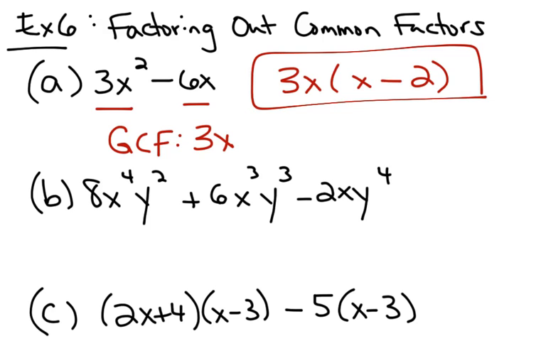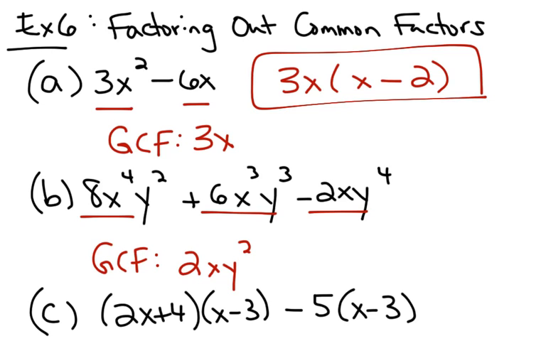In B, there are 3 terms. So the greatest common factor, 8, 6, and 2 are all divisible by 2. X to the 4th, x cubed, x are all divisible by 1x. And y squared, y to the 3rd, y to the 4th are all divisible by y squared. Usually what I do with the variables is I look for the smallest exponent that tells me how many I can take out.